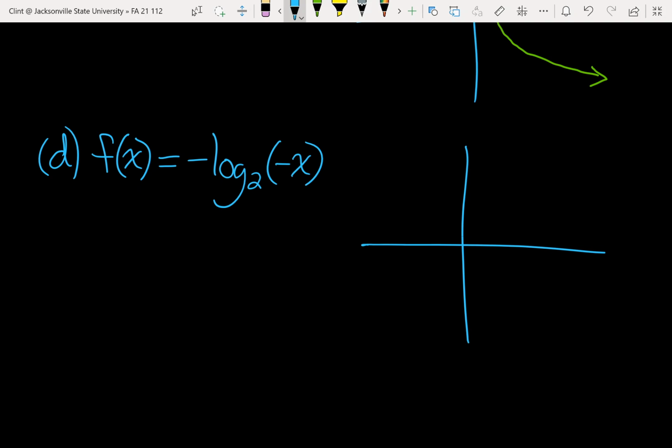We take our original logarithm, like this. We switch the right and the left, and we're coming up and going to the left. And then switch the top and the bottom, we're going to be coming down and going to the left. We'll have this graph.